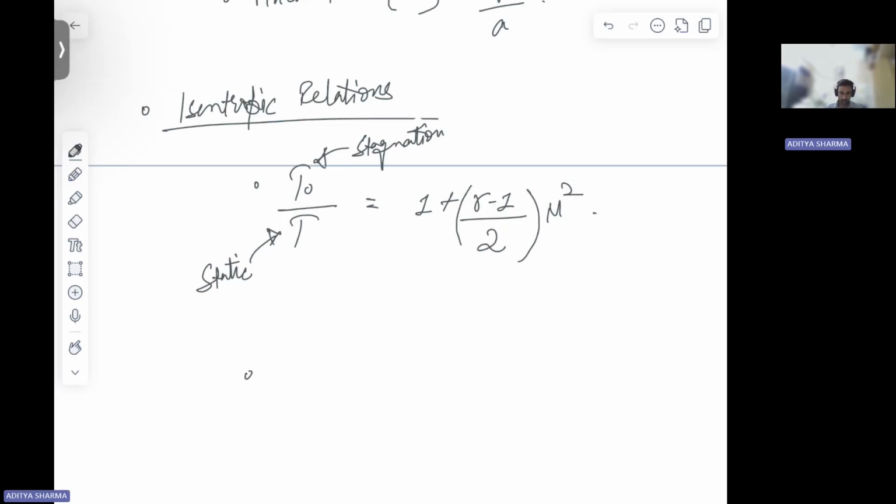And can we comment on pressure from here? Yes. So pressure is related to your temperature this way.